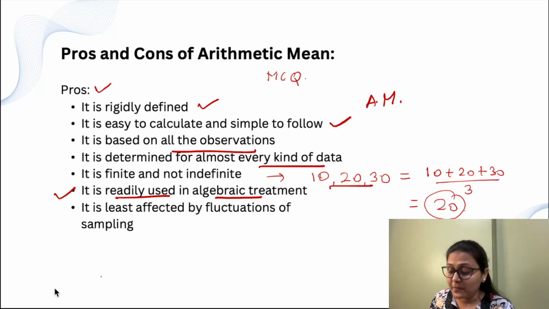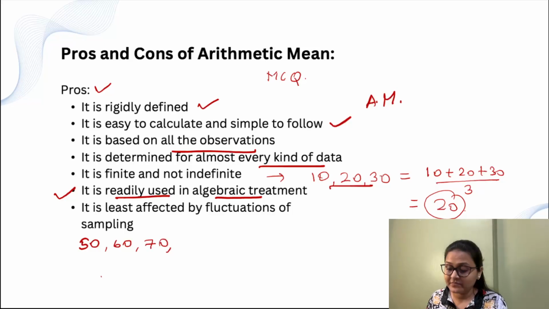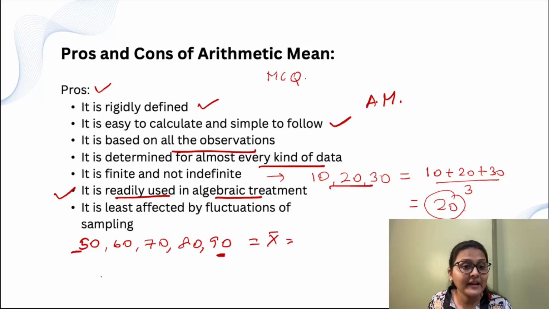Now, if the population marks of the students are 50, then 60, 70, 80, 90. Right. Now, what is the mean that we are going to get over here? All from 50 up till 90 we are going to add, then we are going to divide by 5. So the mean over here will be 70.